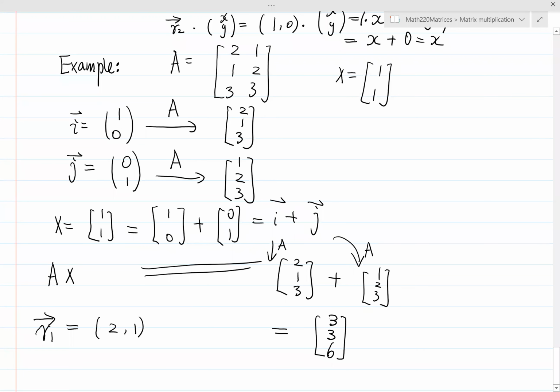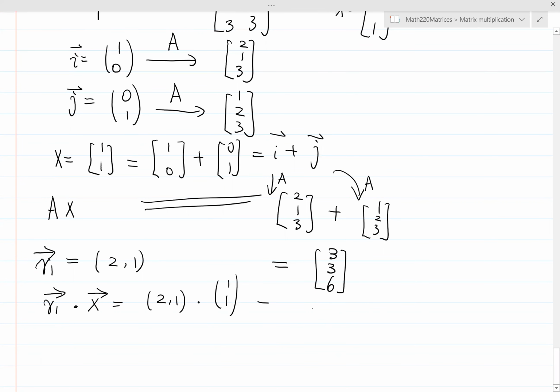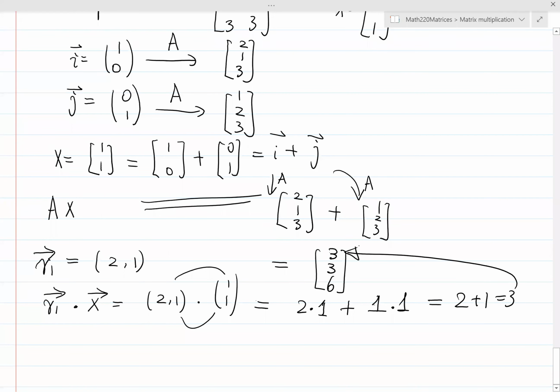You see R1 dot product with X, which is 1, 1. Then we get 2 times 1 plus 1 times 1, which is 2 plus 1, which is 3. You see, which is exactly the first component 3.